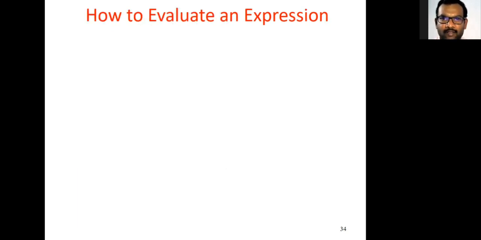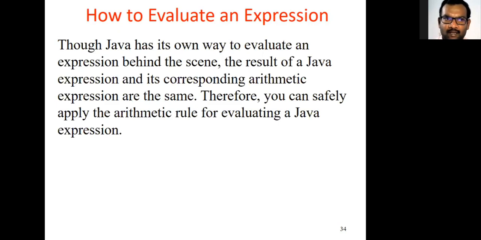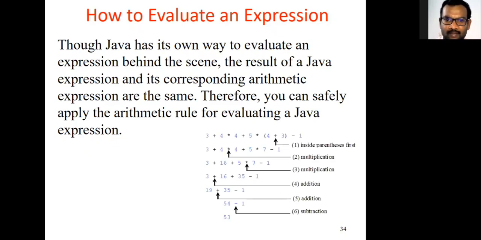Now coming to the evaluation of expressions, there is some operator precedence. According to the operator precedence, the expression will be evaluated. For example, you see this one. The priority will be given to the parenthesis. First, the expressions within the parenthesis are evaluated.